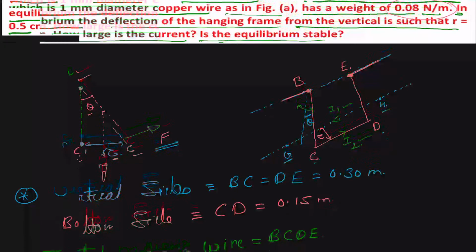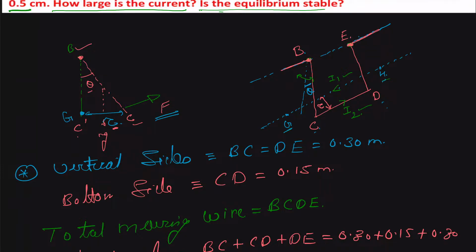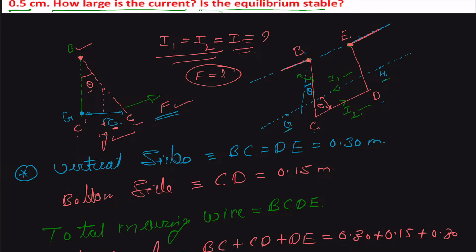And we have to find out the magnitude of the current that is flowing, and it is also given that the value of I1 is equal to I2, which let us suppose is our I, and we have to find out this value of I. For this, we already found out the value of the force, that is the force of repulsion, because under equilibrium there will be only two forces acting on it, the force of repulsion and the weight acting in the downward direction.